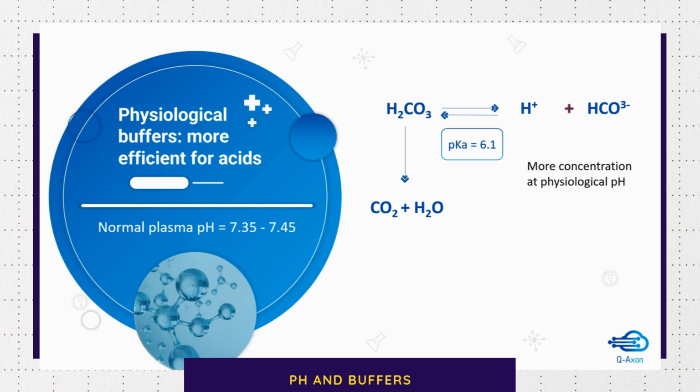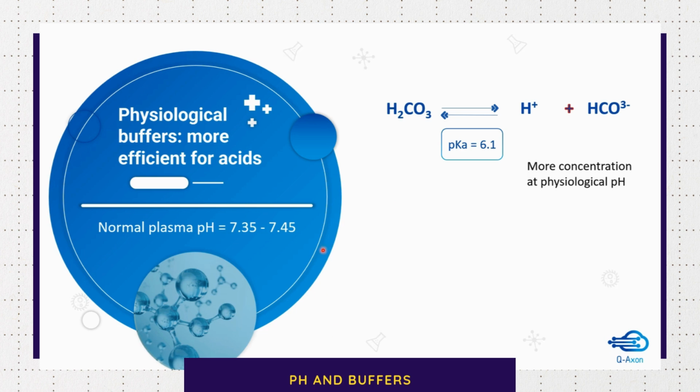You might have read in chemistry that if the products accumulate a lot in a reversible reaction, the reaction will start proceeding in the other direction, isn't it? So, with this method of expiring carbon dioxide, the product H2CO3 doesn't accumulate much, and the reaction can proceed towards the formation of H2CO3.